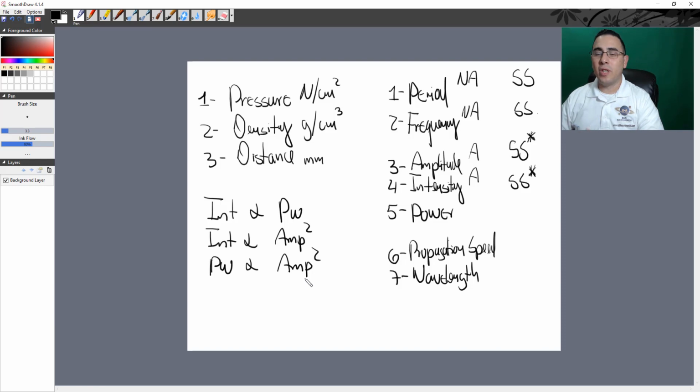So remember, we talked about these different types of intensities in order to report bioeffects.